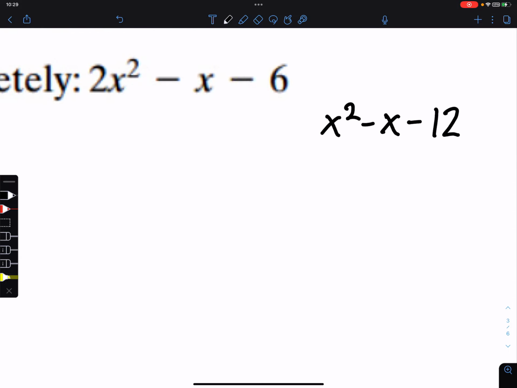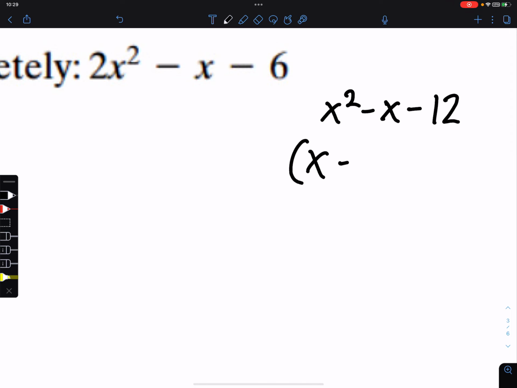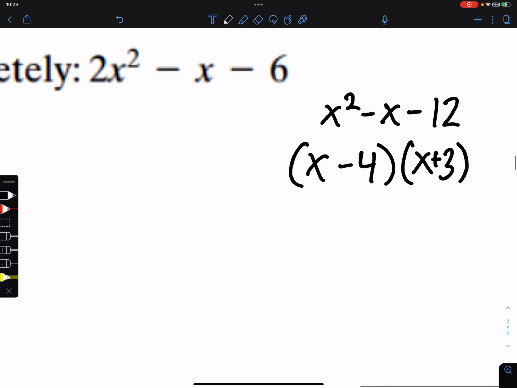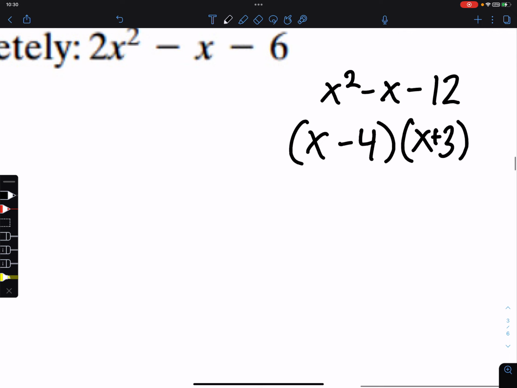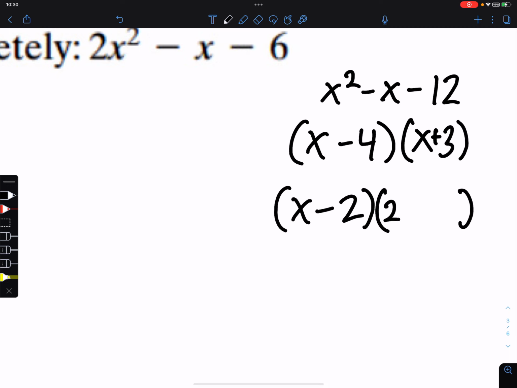And then you would just factor it as normal. So x minus 4, because you look at the factors of 12, x plus 3. And now what you do is you see if you can divide any of these terms by 2 evenly. So you can divide 4 by 2 evenly. So this would become x minus 2. And then on the term that you can't divide evenly, you put the 2 in front of the x. And that would be your factorization.